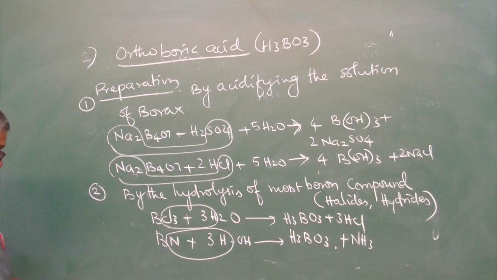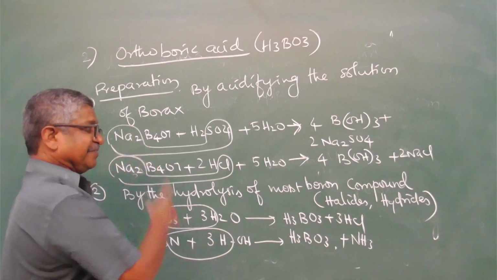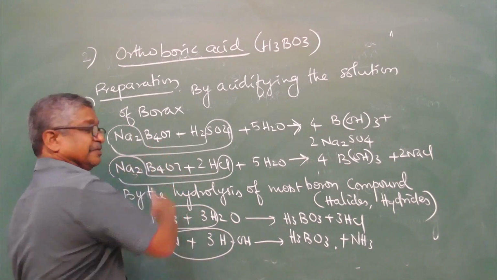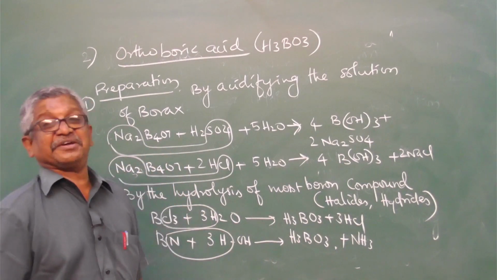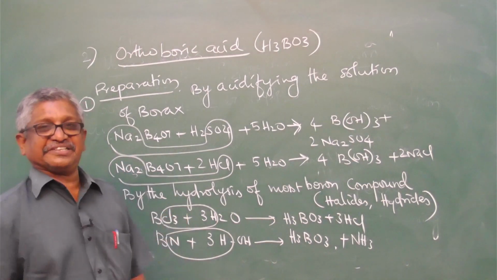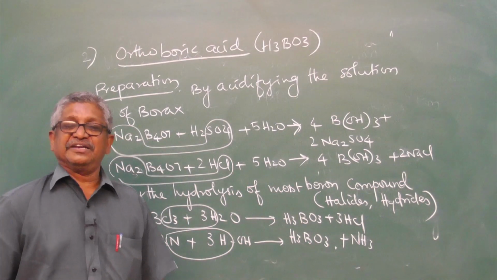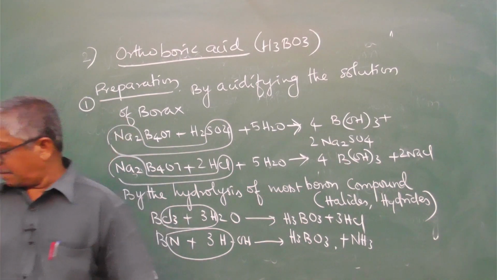So this is the orthoboric acid preparation, 2 methods. First method by acidifying borax. Second method by hydrolysis of boron compounds, boron halide and boron nitride compounds.